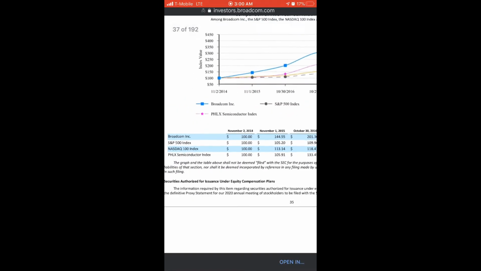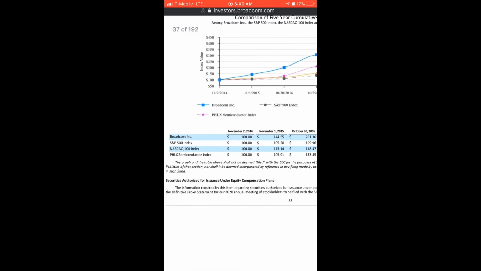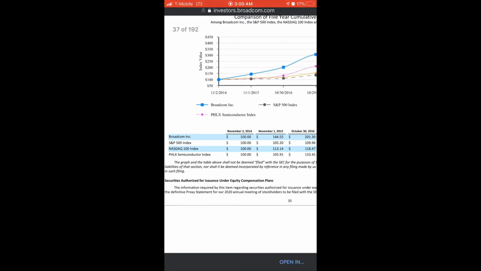Here on page 37, they compare what happens if you invest $100 in Broadcom in November 2014, compared to $100 in the S&P 500, $100 in the NASDAQ, and $100 in the semiconductor index. And you can see here at the end that Broadcom beats all of them, even the semiconductor index.